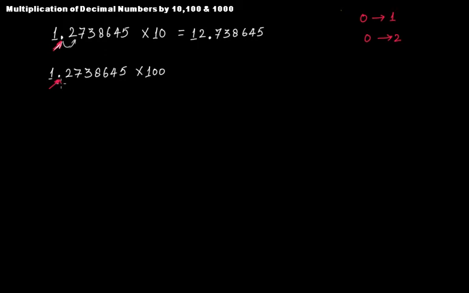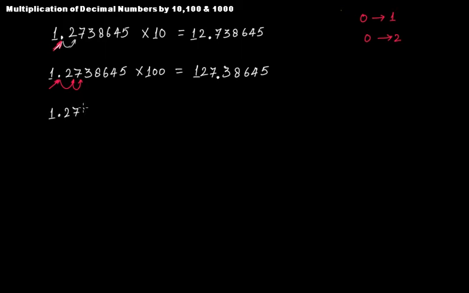So first time it will come after 2, then second time it will come after 7. So the answer will be 127. One jump, second jump, decimal point here, and this is 38645.